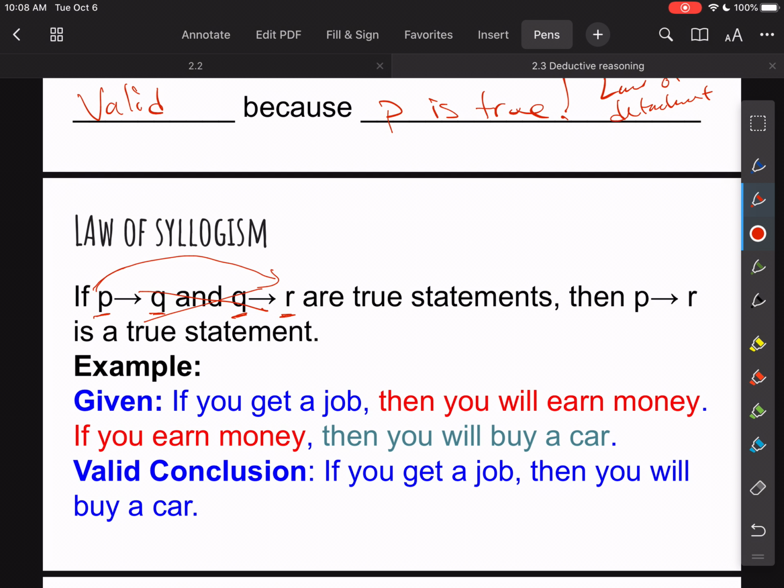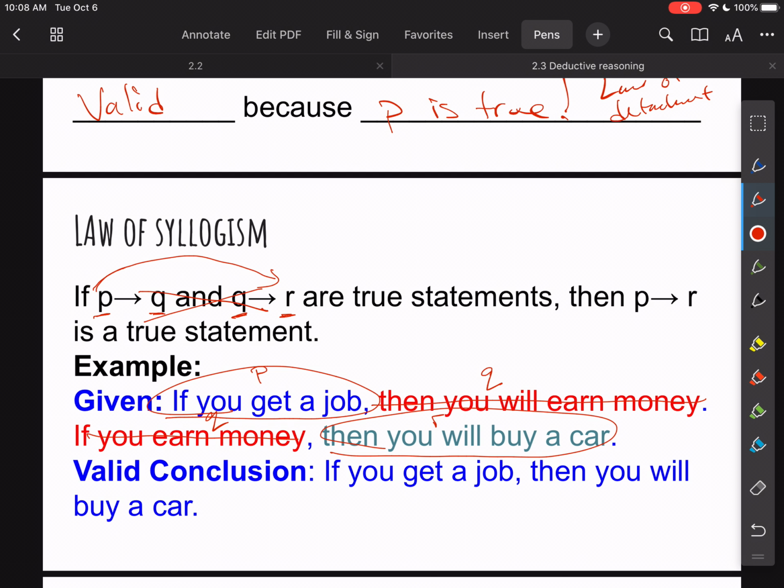That's called the law of syllogism. So an example, if you get a job, then you will earn money. If you earn money, then you will buy a car. So notice, P, Q, this is Q again, and this is R. So the valid conclusion can be that we can eliminate all of the Q's, because if P then Q is true in both, and just say, if you get a job, then you will buy a car.